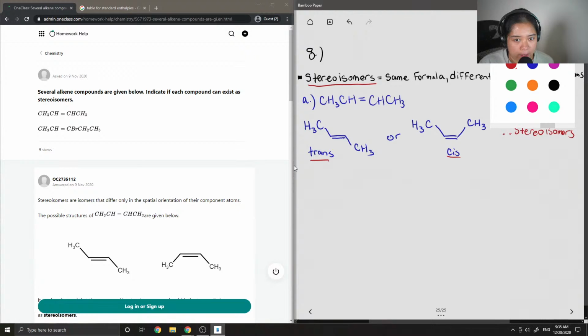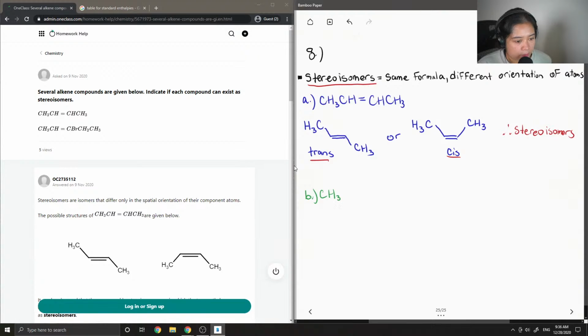Now let's look at E. So similarly, we have a double bond, but this time there's also a bromine and an ethyl group as well.